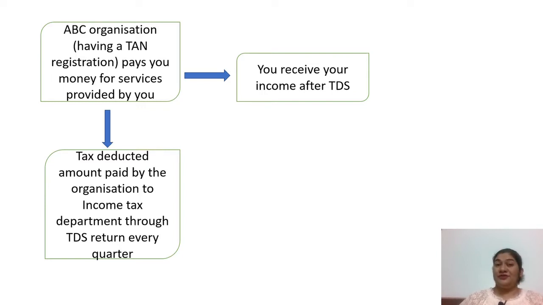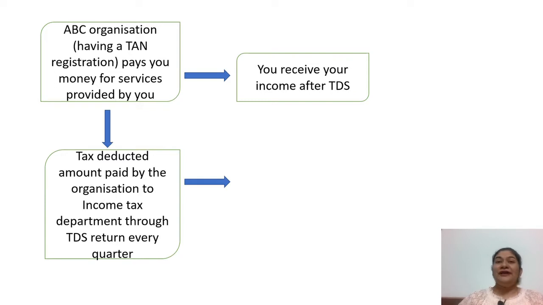They will deposit every month, and every quarter they will file a TDS return to inform the income tax department for which all PAN numbers they have deducted the TDS.